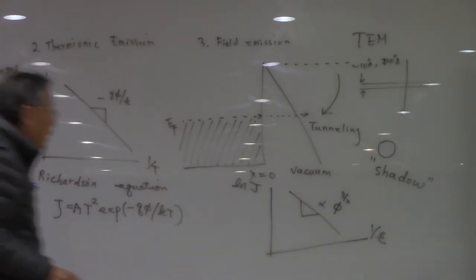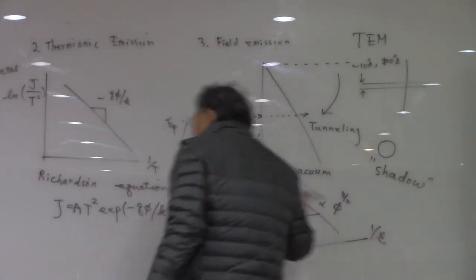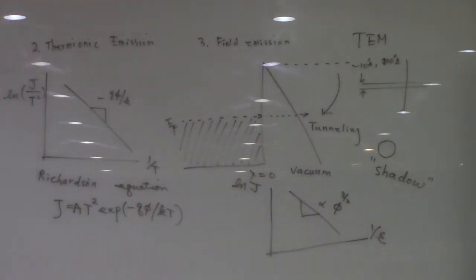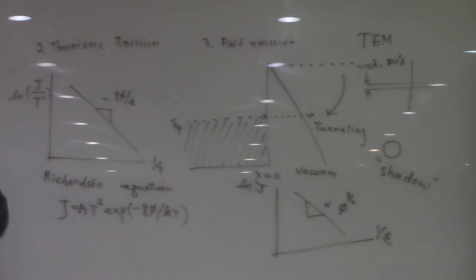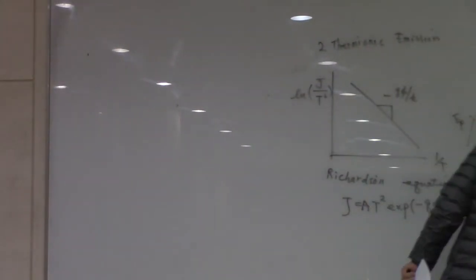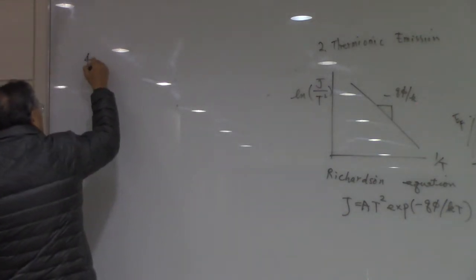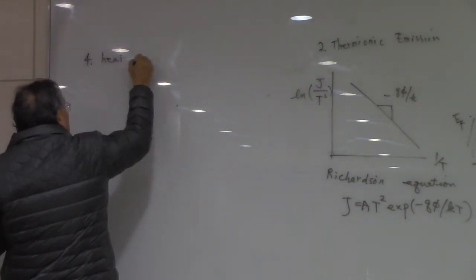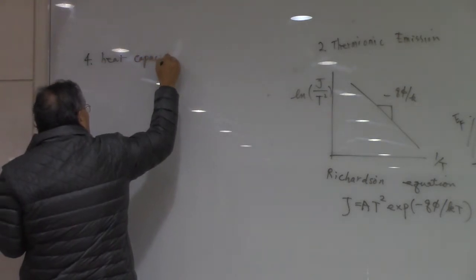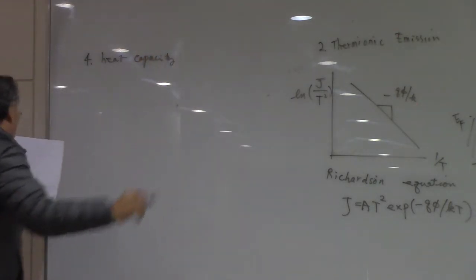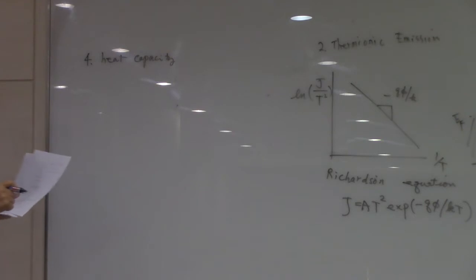And the next thing that we can talk about with this free electron model is heat capacity. What is heat capacity? If you heat the metal, then the temperature is of course going to increase.